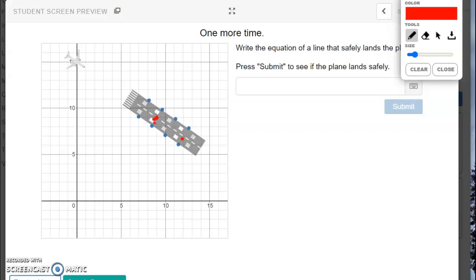If I went down by 2 and then to the right by 3, the slope is negative 2 over 3, and for the y-intercept, I could try it as it is.